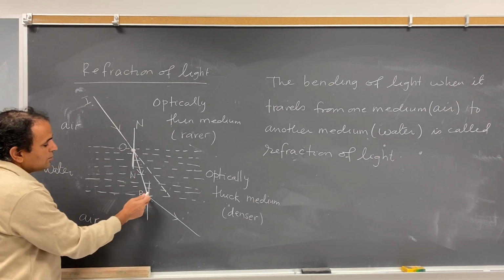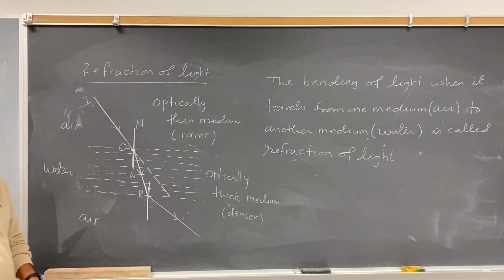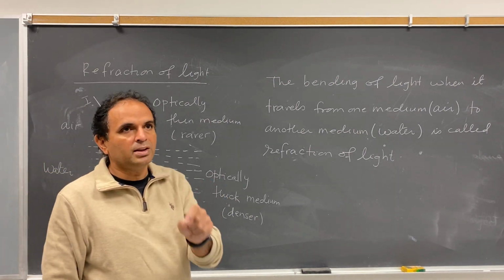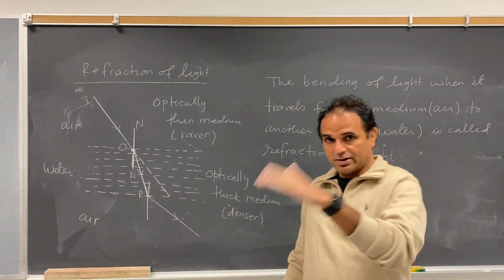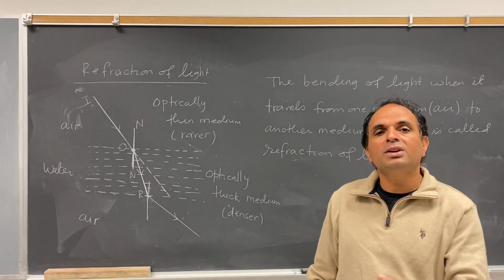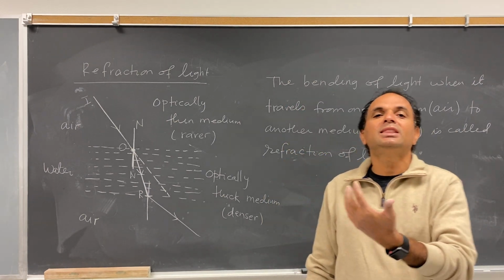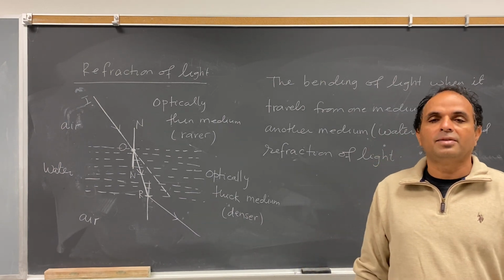What happened? The ray of light moves away from the normal. So if the ray of light is traveling from optically thin medium to thick medium, it bends towards the normal. If the ray travels from optically thick medium to optically thin medium, it moves away from the normal. That is the law of refraction also.